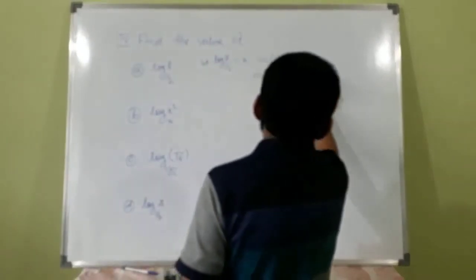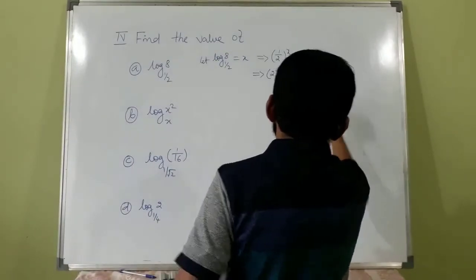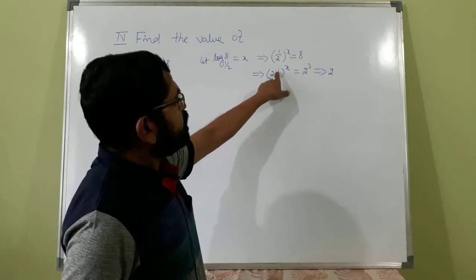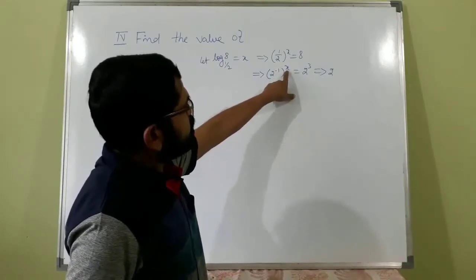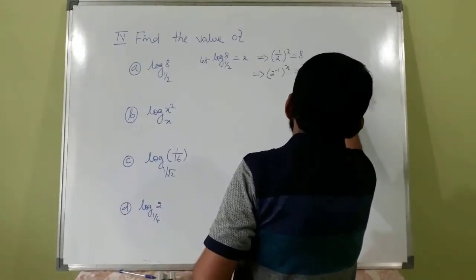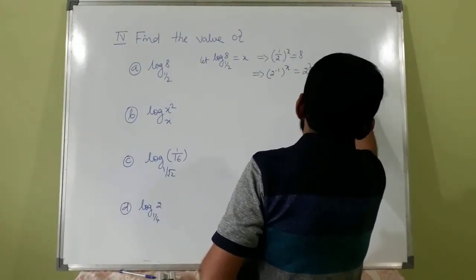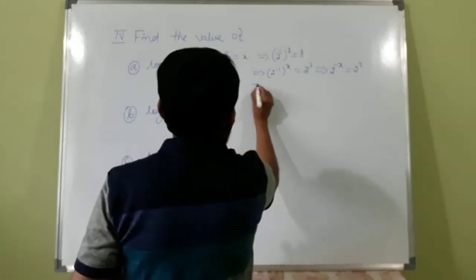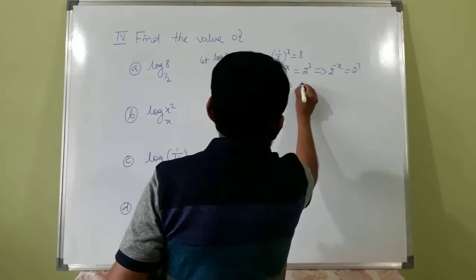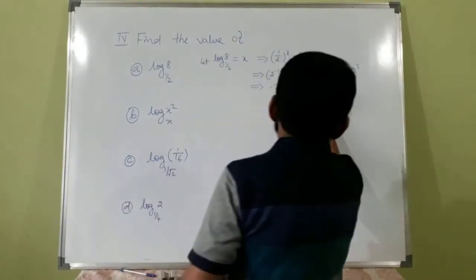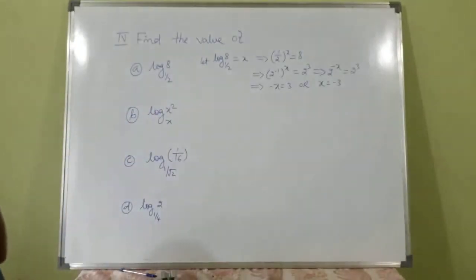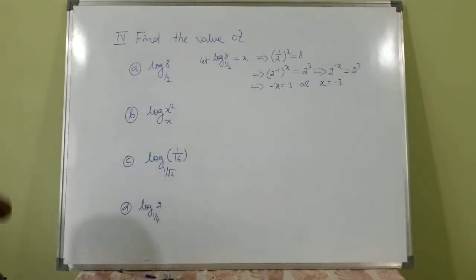This implies 2 to the power minus 1 raised to x; a raised to m to the power n is a raised to mn. So 2 to the power minus x is equal to 2 to the power 3. This implies minus x is equal to 3, or x is equal to minus 3. That is for the first part.